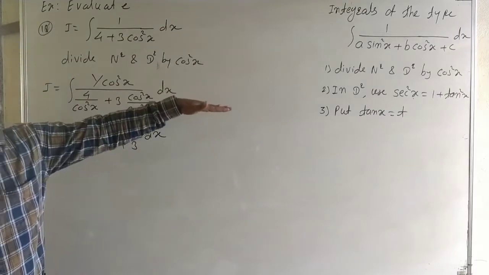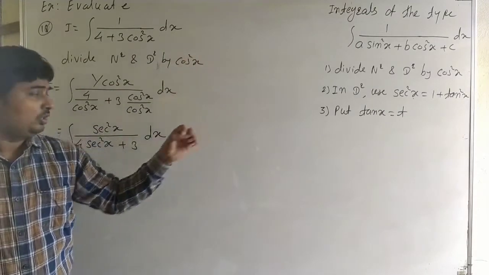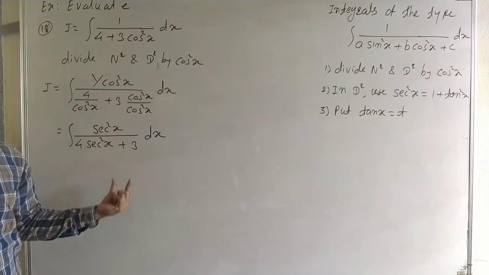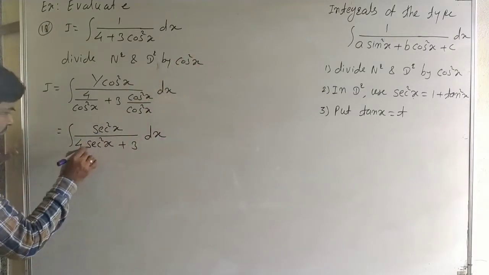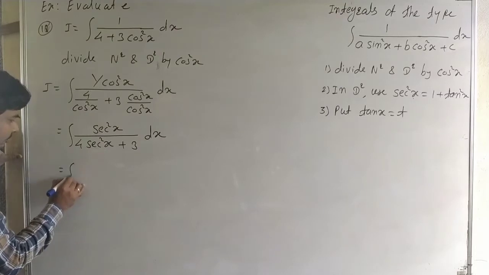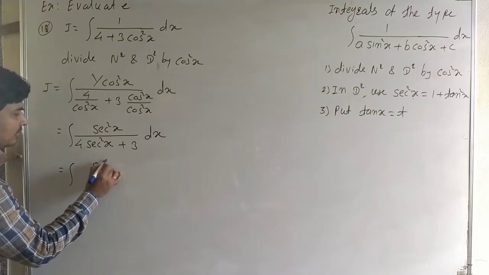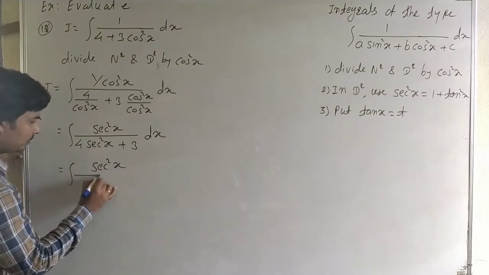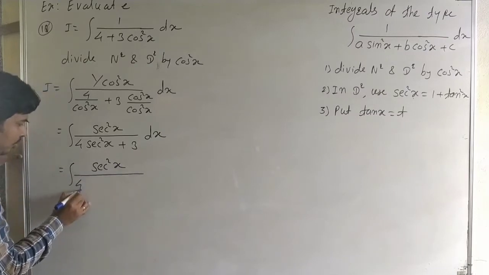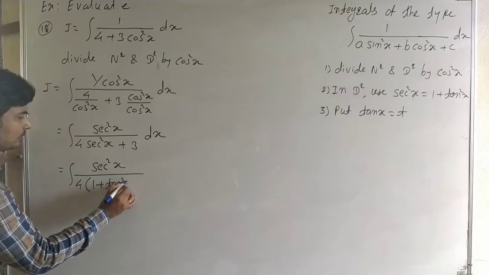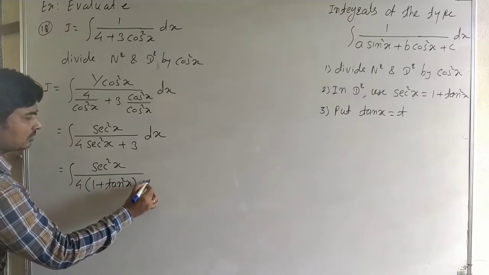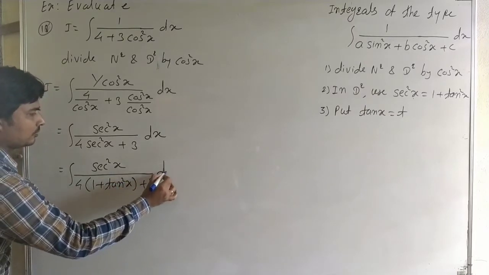Now second step, only in the denominator use sec square x is equal to 1 plus tan square x. Therefore the numerator is sec square x upon 4 into 1 plus tan square x plus 3, dx.